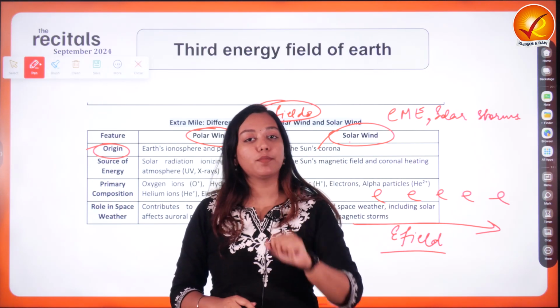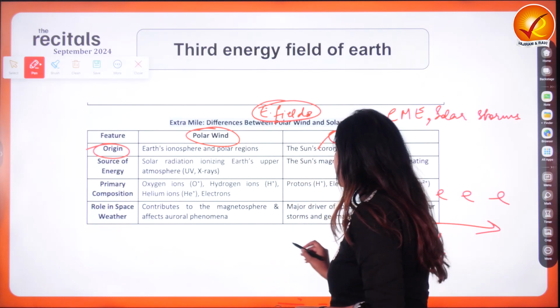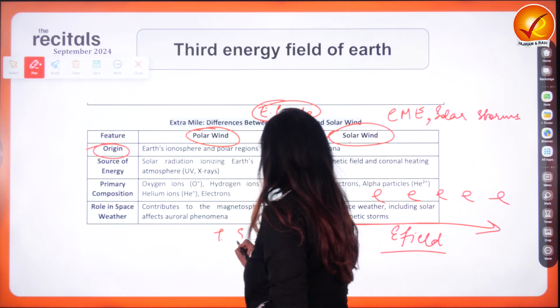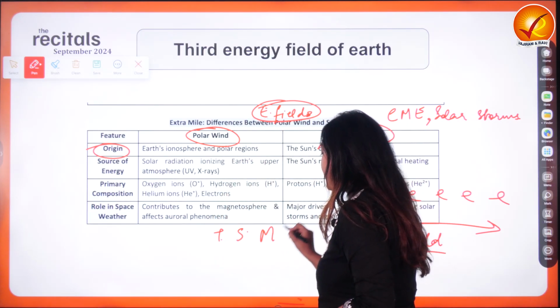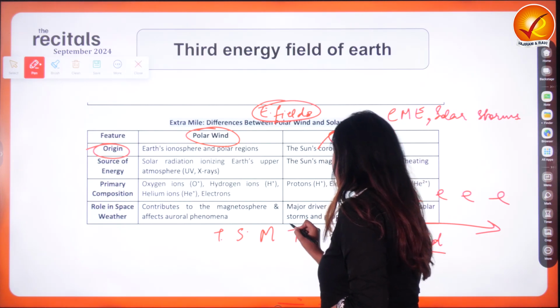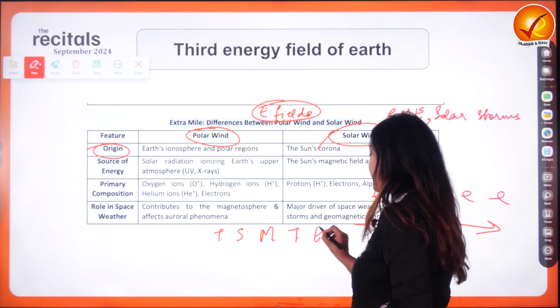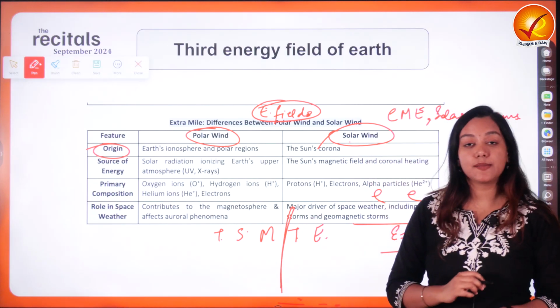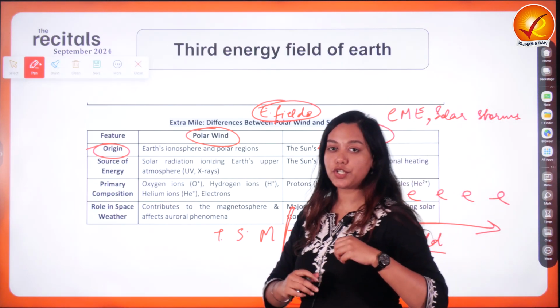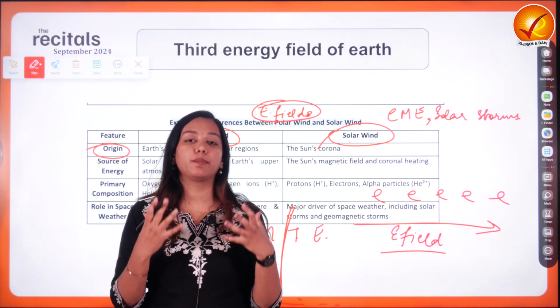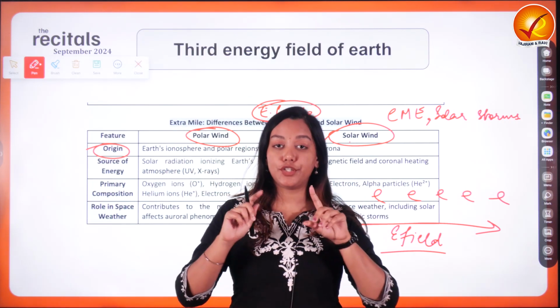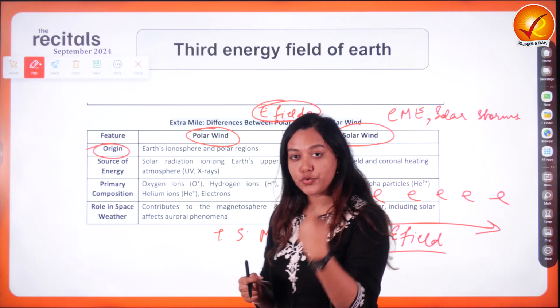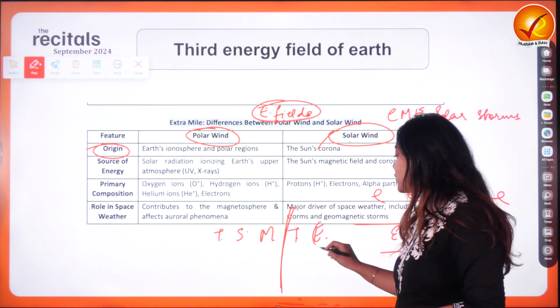So what happens? The electric field has been generated by the upper parts of the atmosphere. So upper parts of the atmosphere include troposphere, stratosphere, mesosphere, thermosphere and exosphere. Right? So it starts from the thermosphere, specifically the ionospheric part, which consists of plenty of plasma, which generates electric field, which is also then generated by the exosphere.